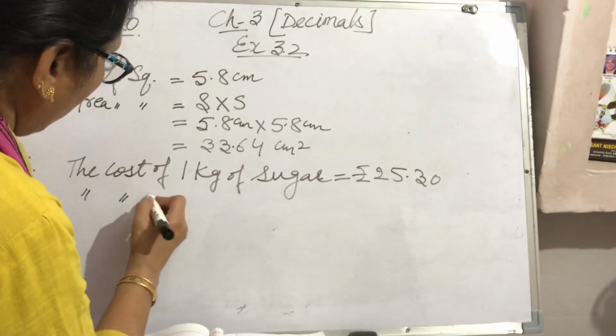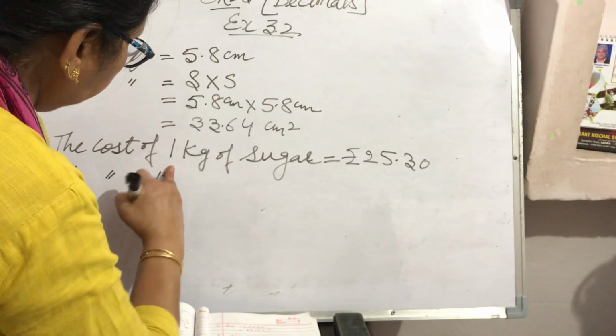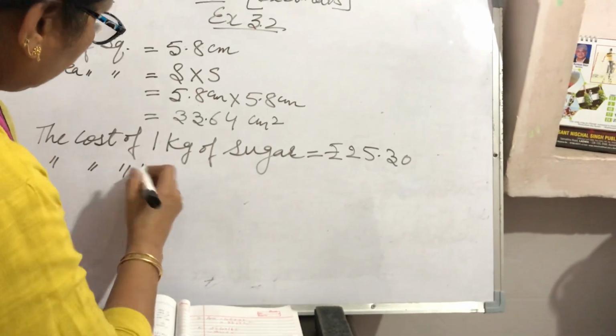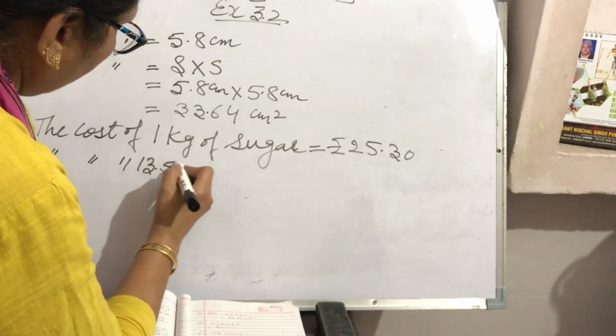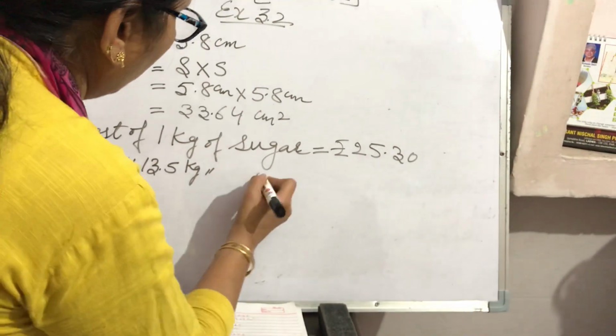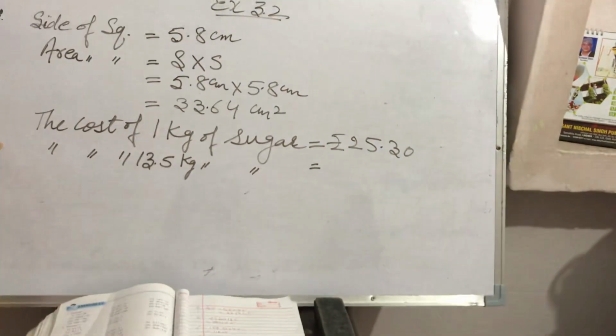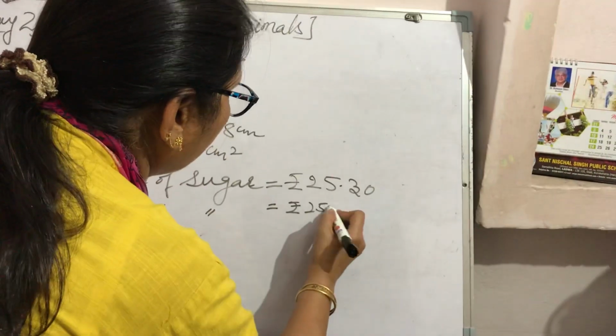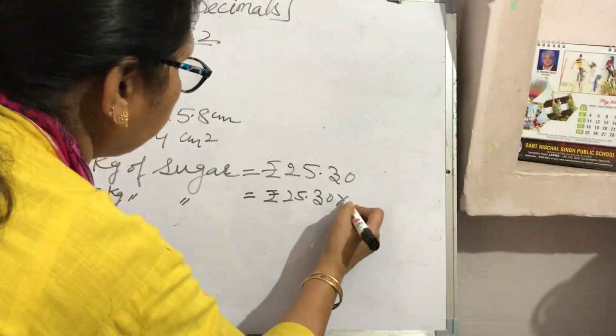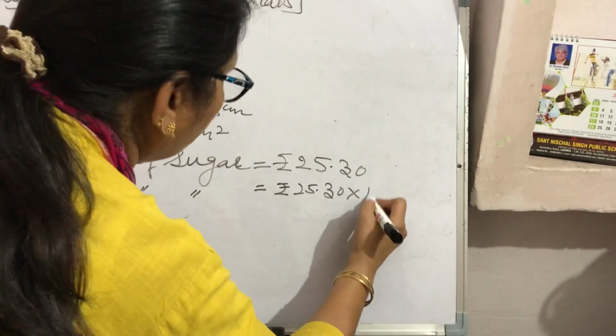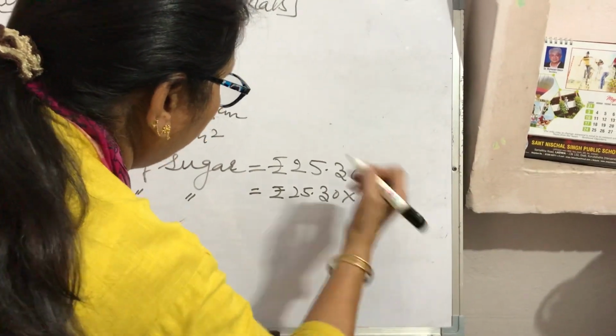The cost of 13.5 kg of sugar. It will be more value. So 25.3 multiplied by 13.5.